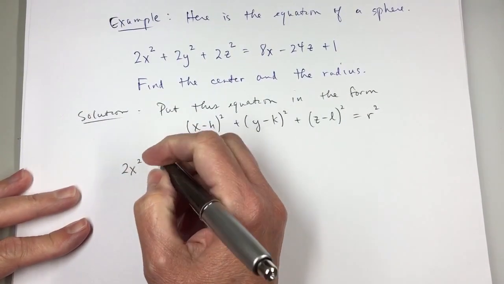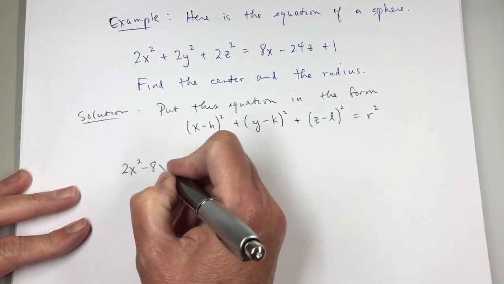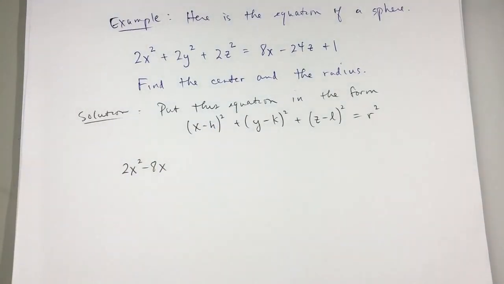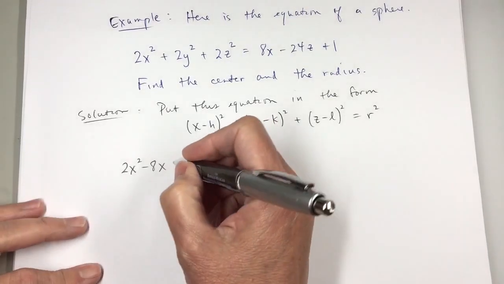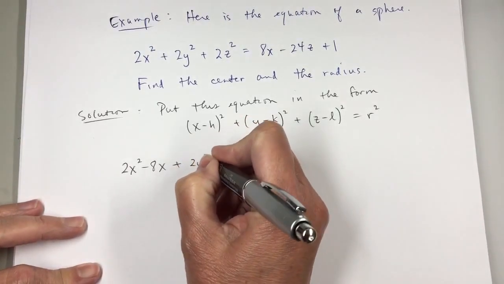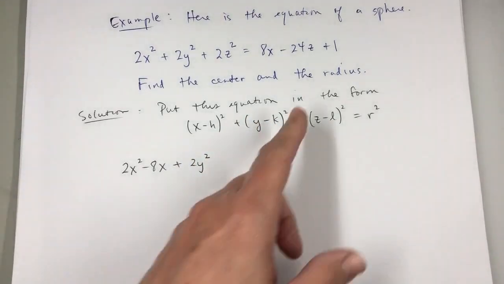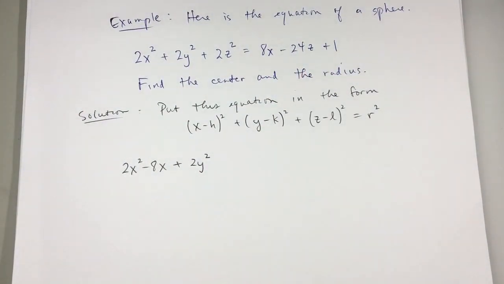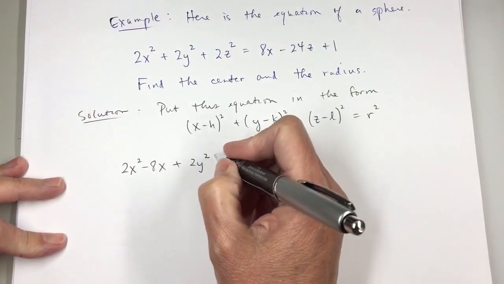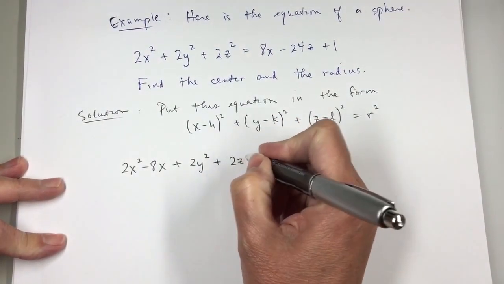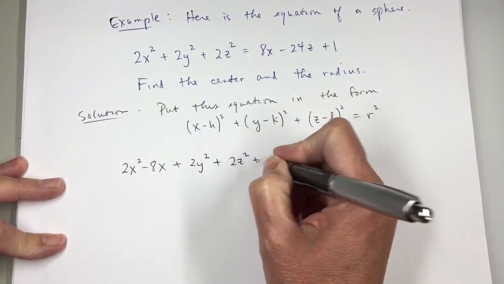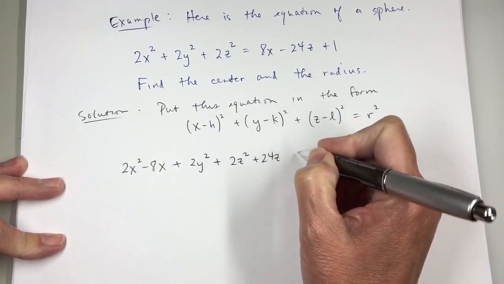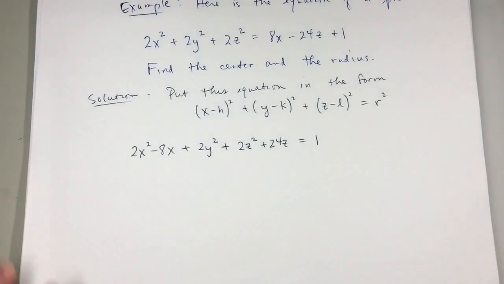It's going to be a minus 8x. I'll put the 8x next to the 2x squared, and then plus 2y squared. I don't have anything with y to the first power anywhere in the problem, so I'll just leave it plus 2y squared. And then plus 2z squared.